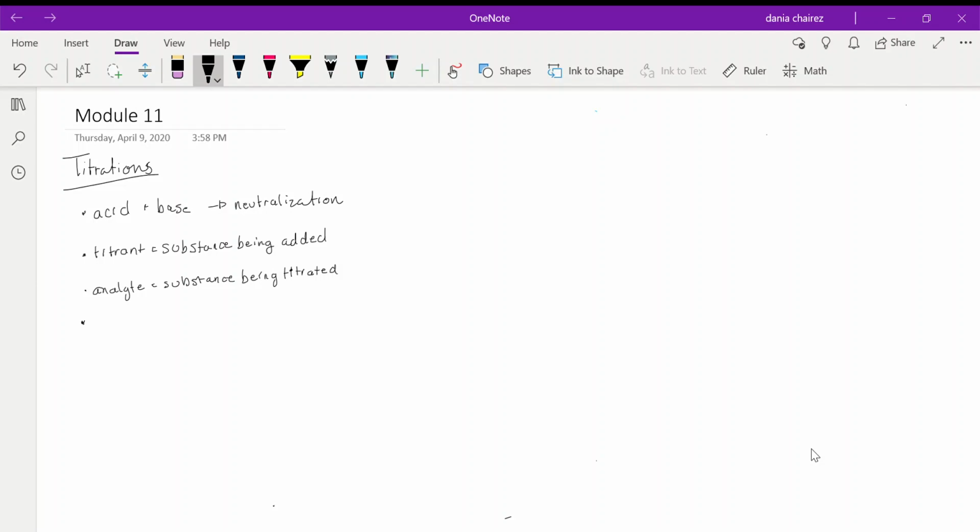But then there's such a thing as equivalence, which is what you're trying to shoot for in titrations. It's your equivalence point, which is where moles of your titrant equals your moles of analyte.